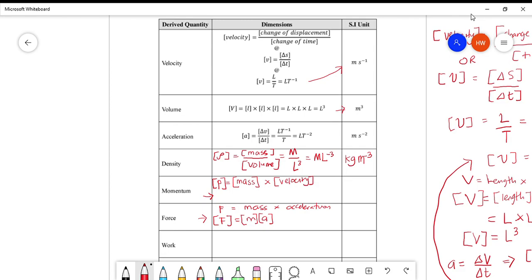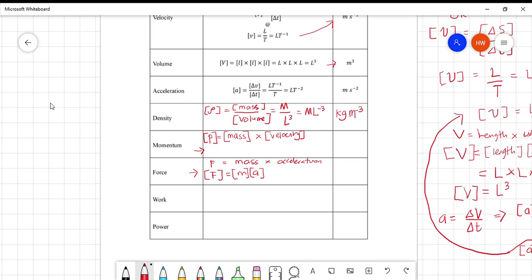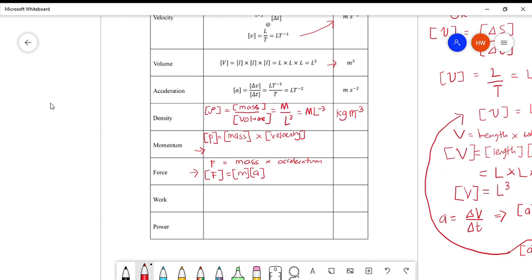And the next one is work done. So what is work done? The formula to find work done is force times distance, or force times displacement. I'm just going to write this as force times displacement, which is S. So solve this.